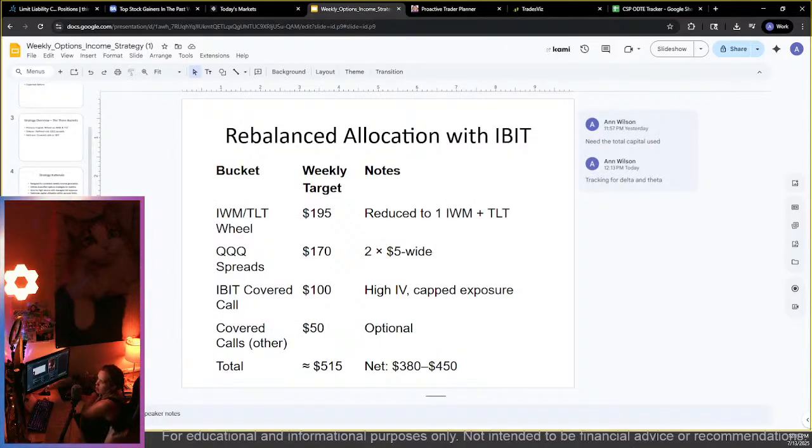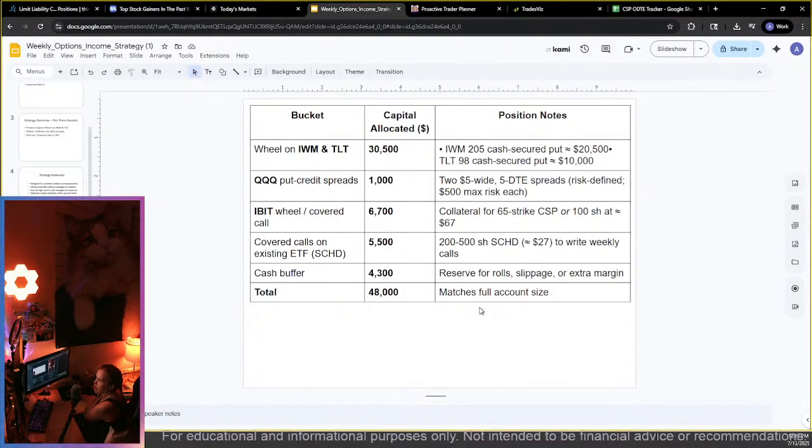So tracking delta and theta, and then this is the capital allocation.